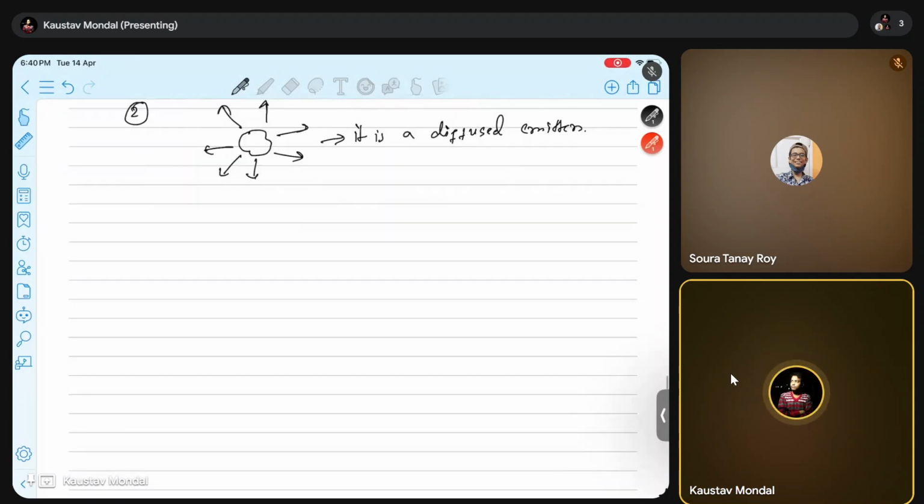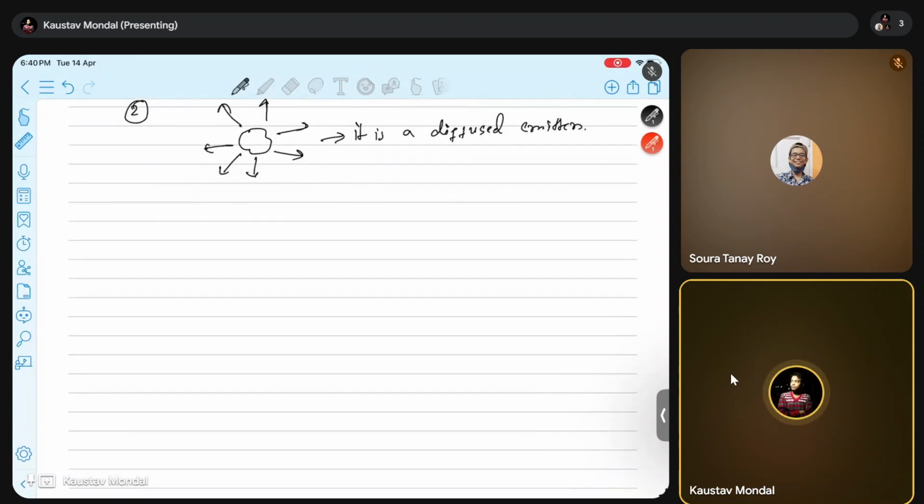So how does Ferry's black body look like? It has this kind of structure. It's a circular kind of structure, a circular cavity, which has a very small hole here.